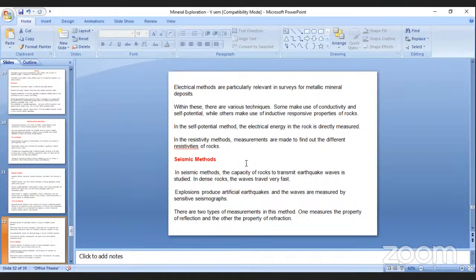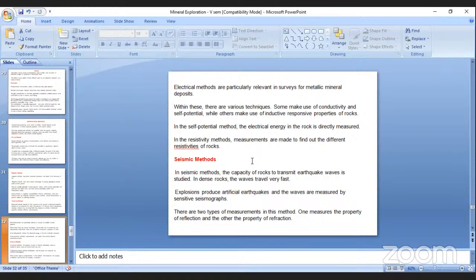When they pass through, there is reflection and refraction. Based on these fluctuations, we can say the type of ore body.